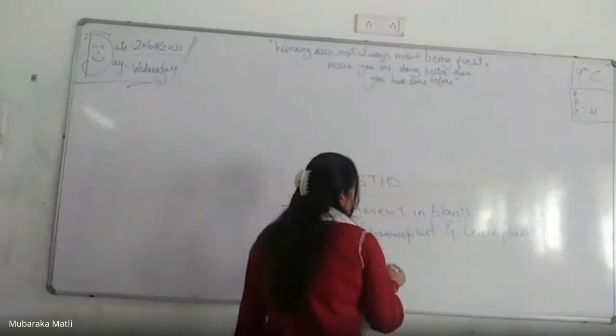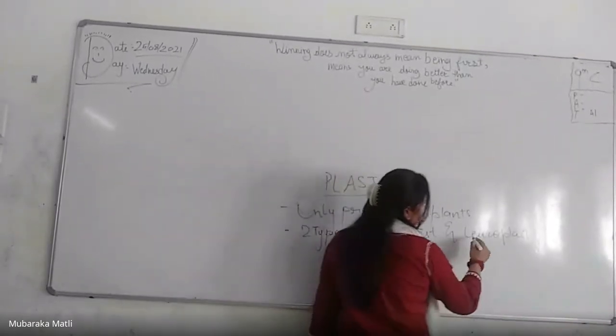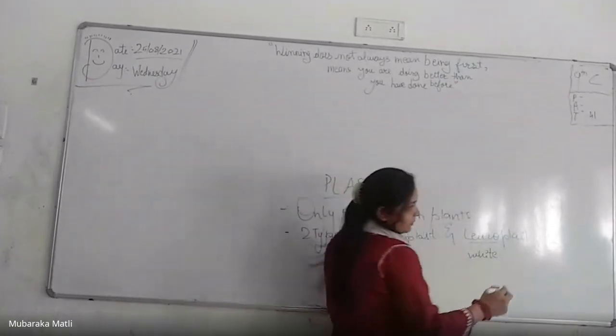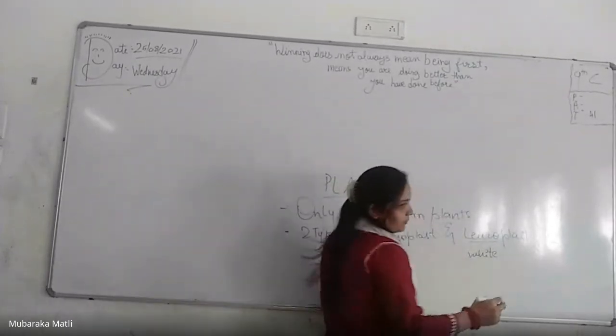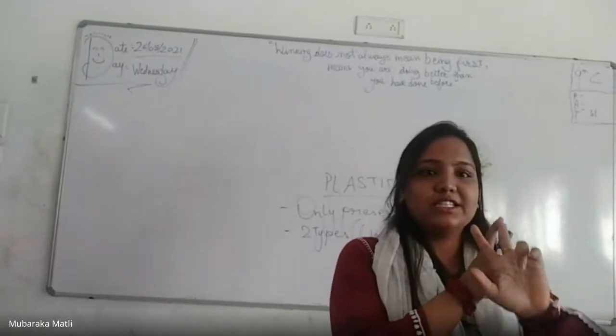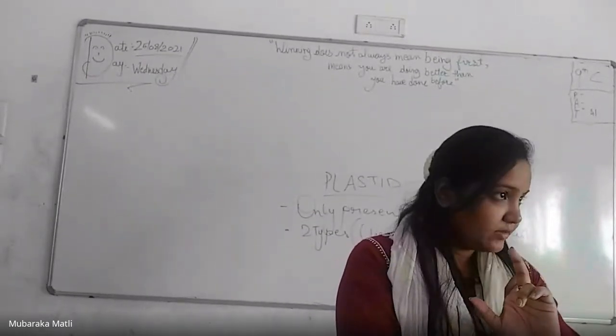Chromo means color and leuco means white. So, chromoplasts are colored plastids and leucoplasts are white or colorless plastids.